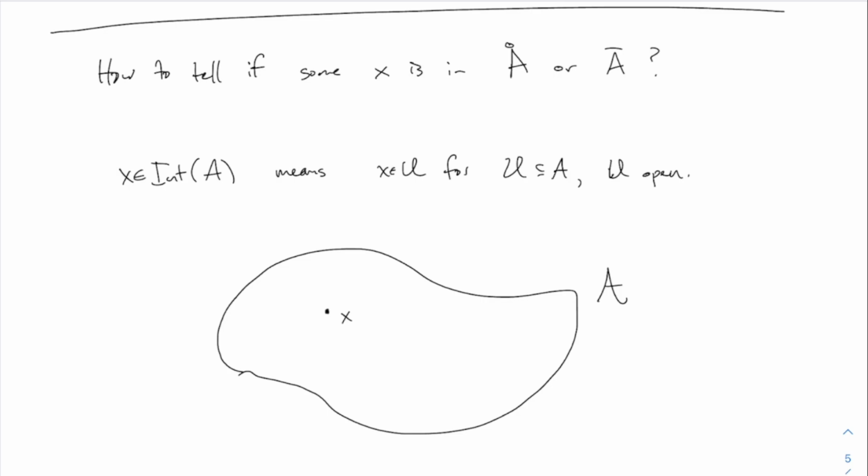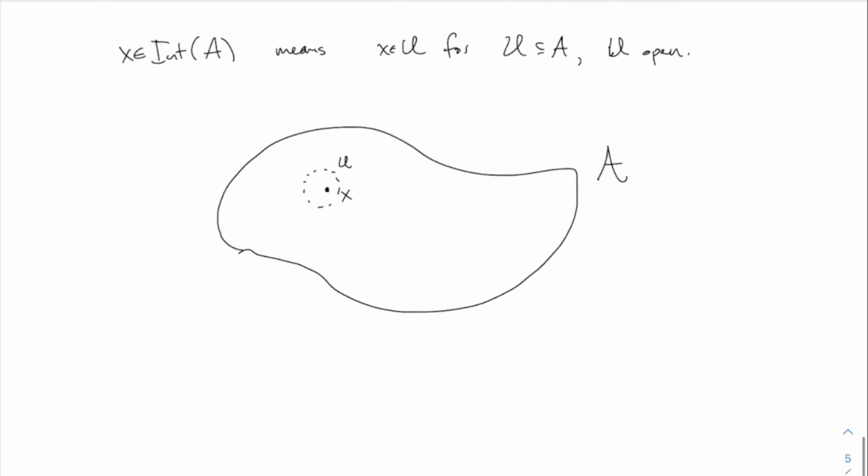It's in the interior means that X is part of an open set where the open set is inside of A. So really what that means is X has a neighborhood, U, where U is inside of A. If you can make that neighborhood, then X is in the interior of A. So this is the picture to have in mind when you think of what X in interior of A means. It just means that X is in some neighborhood inside A.